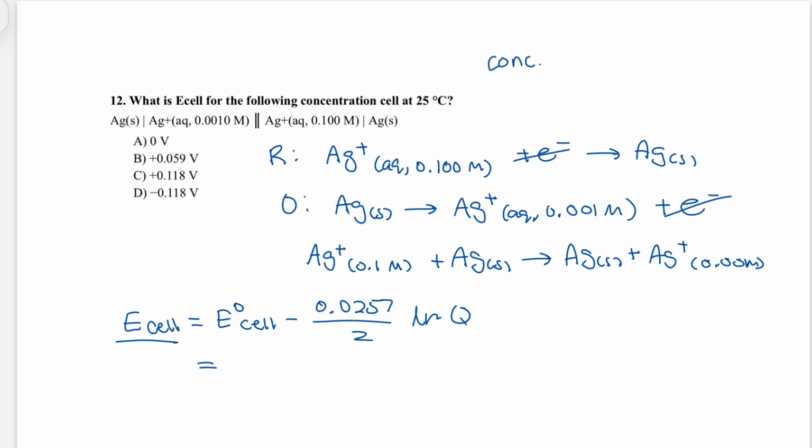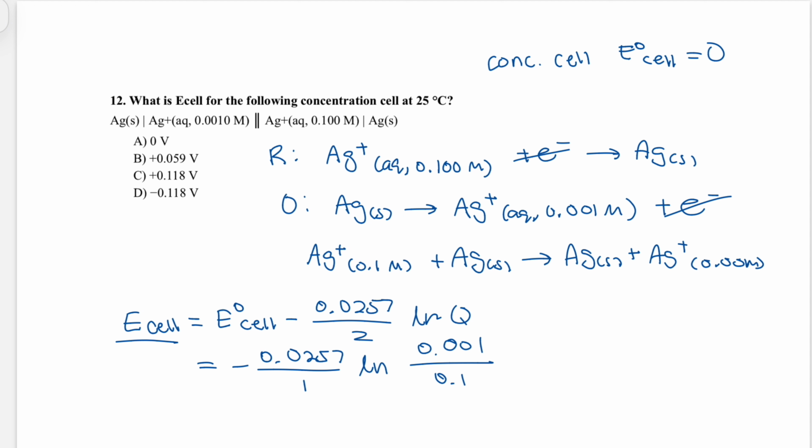So I'll write that concentration cell E naught cell equals 0. So I'm just left with 0.0257 over 1 and then ln Q, which is product over reactant, and the product is the dilute one over the concentrated one. And then this is what you calculate, and you'll get 0.118, which is C.